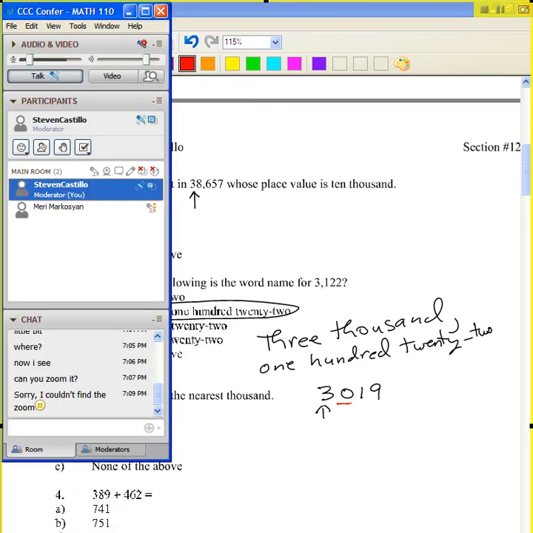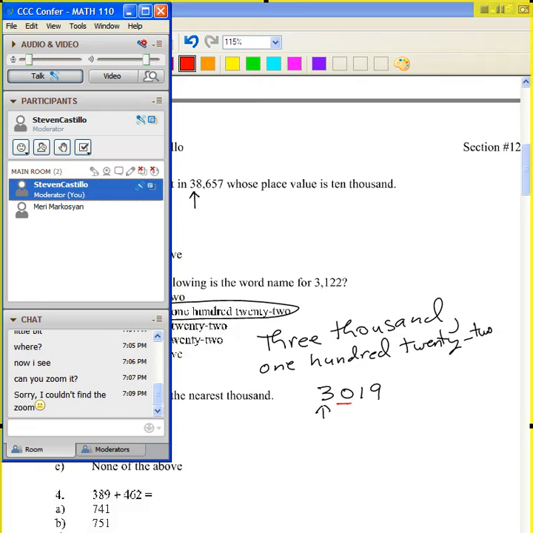Oh, you couldn't find the zoom. It's in the upper left portion of the window that you're looking at, and it should say something like fit to screen. Do you see that? Let me see if I can go in as a student. Wait 1 second. Let me go in here as a student and look. Join a class meeting. Math 110.